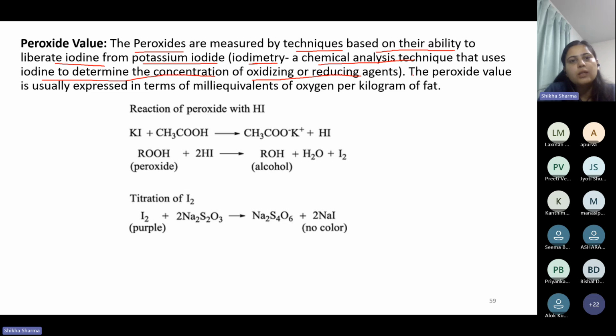The peroxide value is usually expressed as milliequivalents of oxygen per kg of fat, as she rightly mentioned. So this is the reaction.